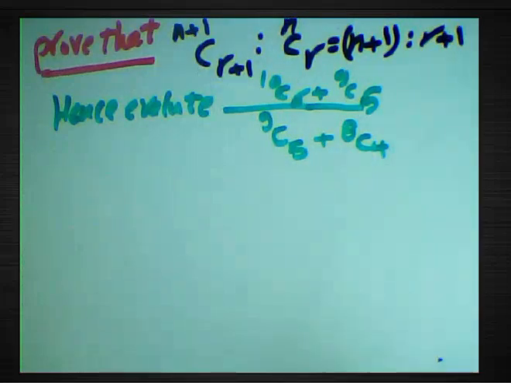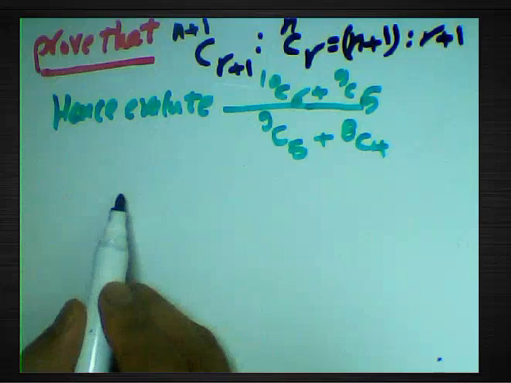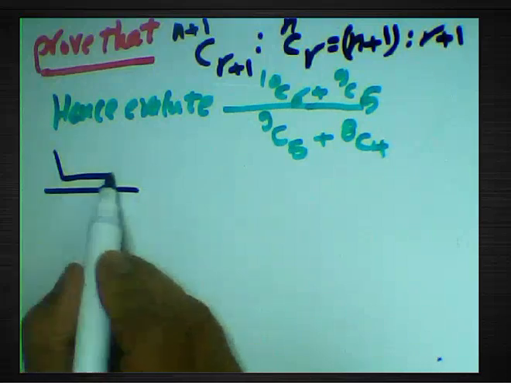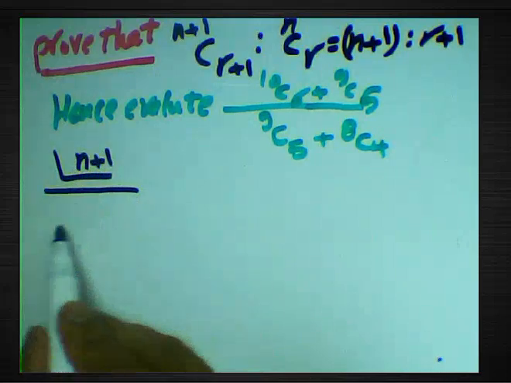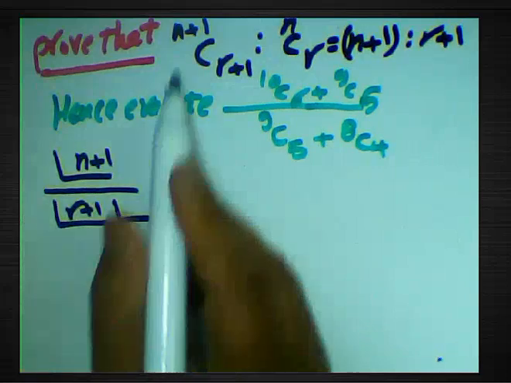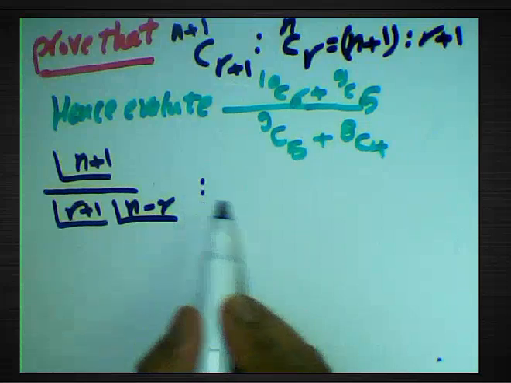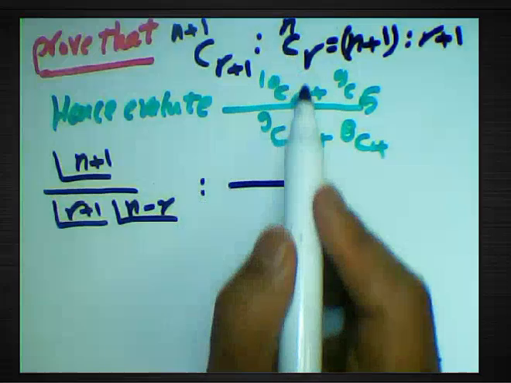We can prove that. Look here. We have (n plus 1) combination (r plus 1). It means factorial of the top and factorial of the down, multiplied, where the difference between them will be n minus r. This is the ratio to n combination r.